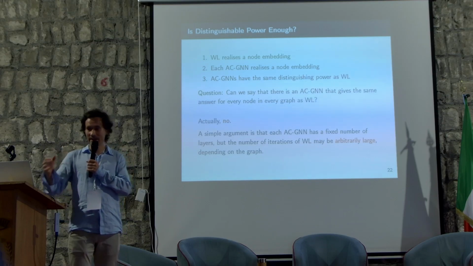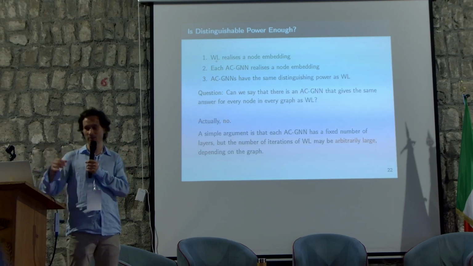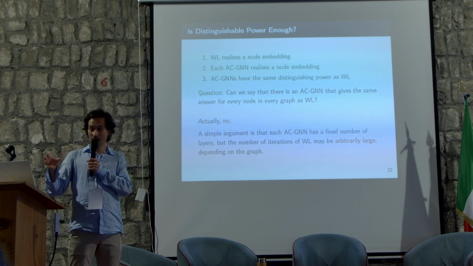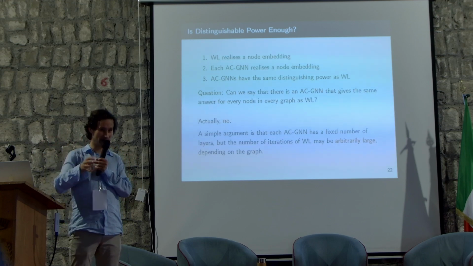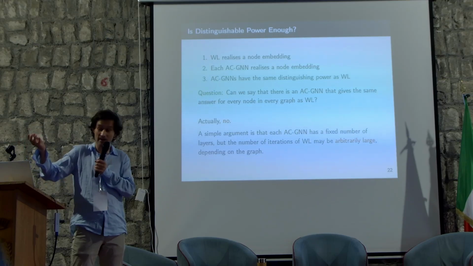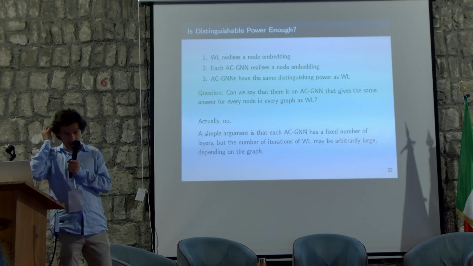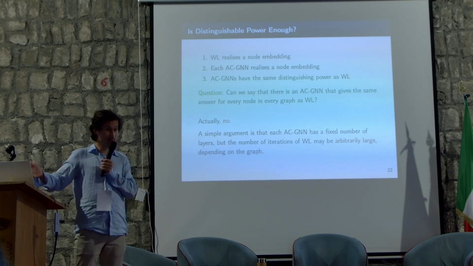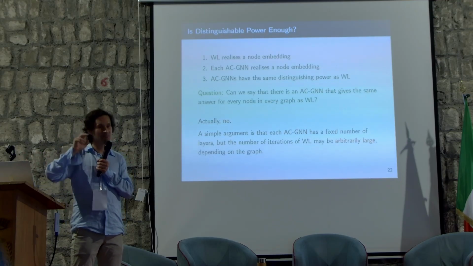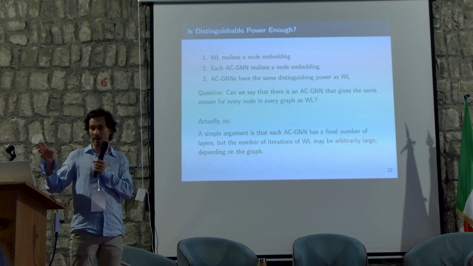Well, first of all, you will notice, on the very superficial level, the WL test realizes a node embedding. Right? It assigns a color to each node, so it just realizes a node embedding. Each AC GNN realizes a node embedding, right? And AC GNN has the same distinguishing or expressive power as WL.